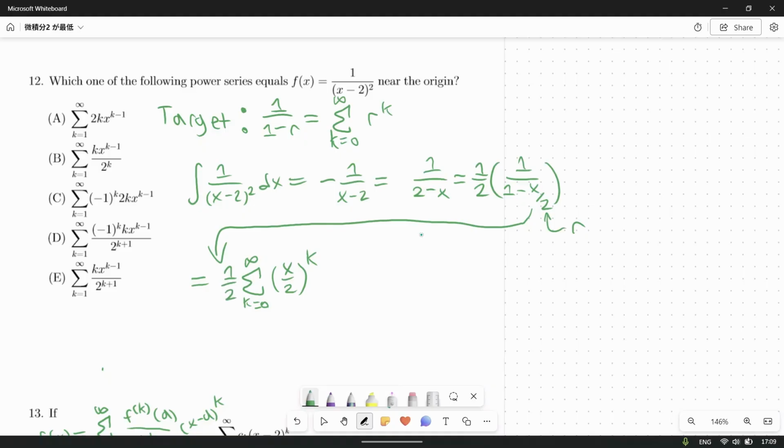And then we can simplify this a little bit, and so this is going to be equal to the series k is equal to 0 to infinity, 1/2 times x to the k over 2 to the k, and then we can distribute this 1/2 back into our series. And then this is ultimately going to be equal to the series of x to the k over 2 to the k times 2, which is going to simplify to just 2 to the k plus 1.